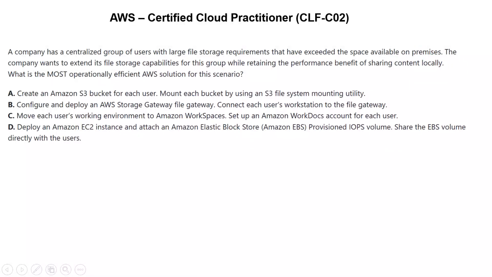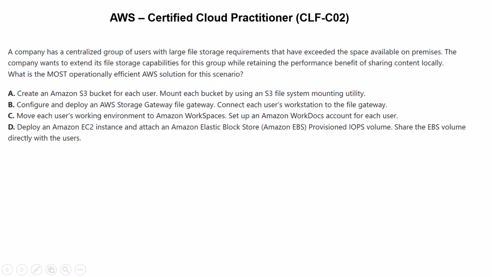Option A. Create an Amazon S3 bucket for each user. Mount each bucket by using an S3 file system mounting utility. Option B. Configure and deploy an AWS Storage Gateway file gateway. Connect each user's workstation to the file gateway. Option C. Move each user's working environment to Amazon WorkSpaces.